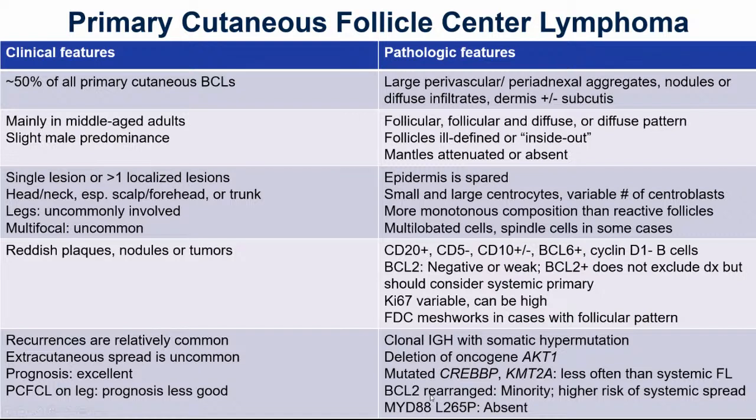The BCL2 gene is rearranged in only a minority of cases, and in such cases, there is a higher risk of systemic spread. So maybe this defines a little bit of a different subtype of primary cutaneous follicle-centered lymphoma. And the MYD88 L265P mutation is not found.